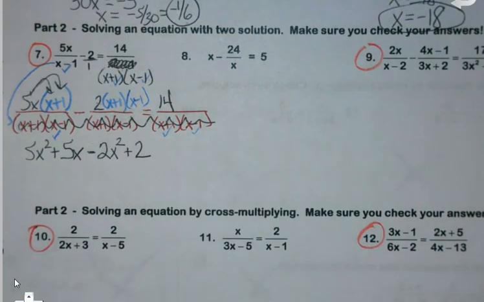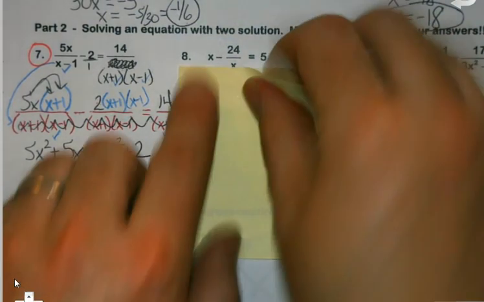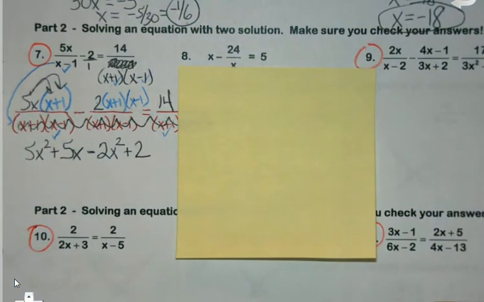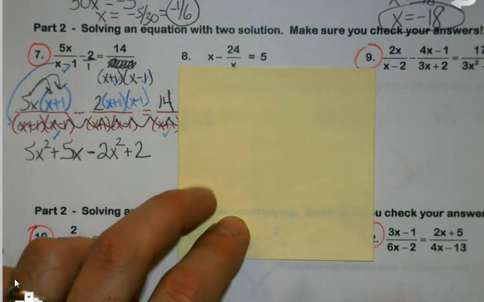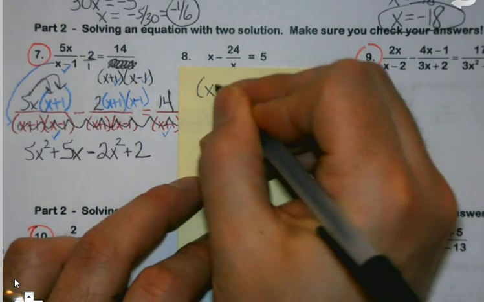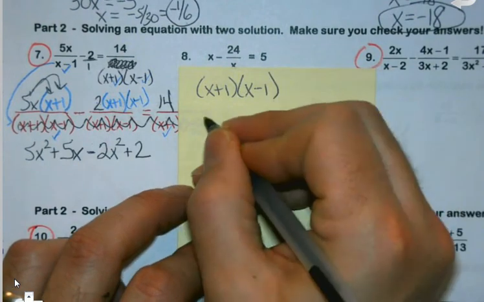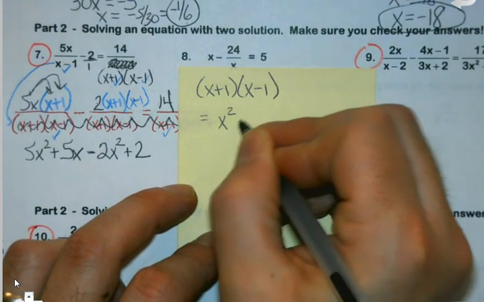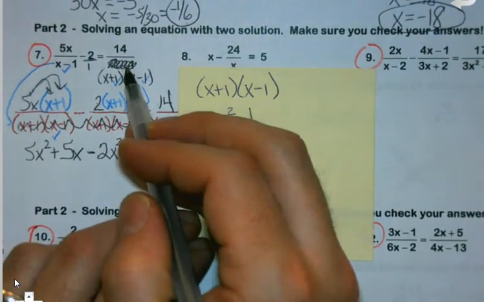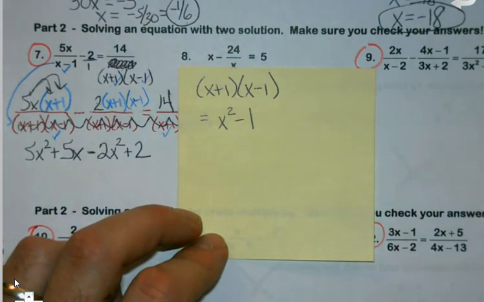Okay. Side work, let me show. Side work on what's going on here. Okay, we just determined that x plus 1, x minus 1 is really x squared minus 1. We knew that back from our original here.